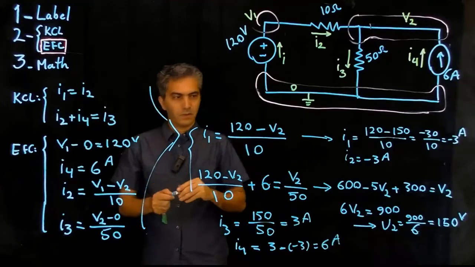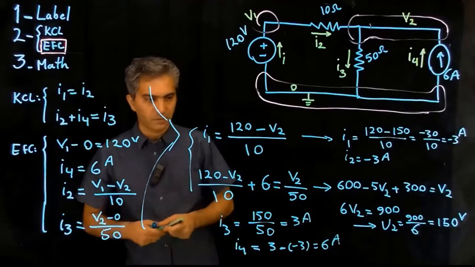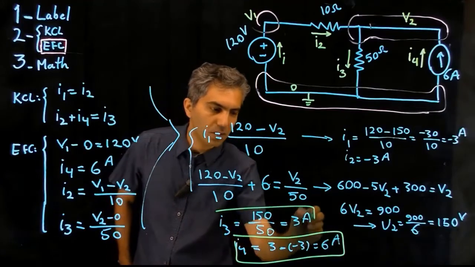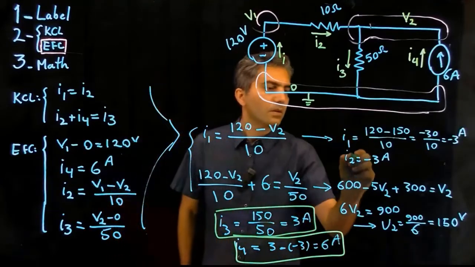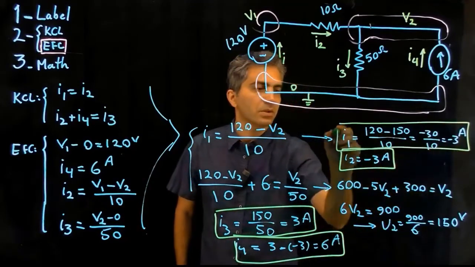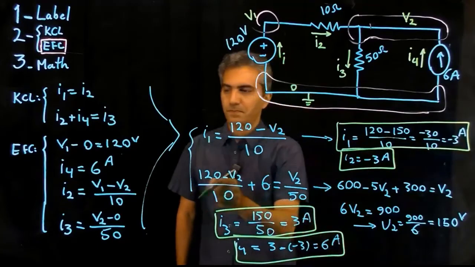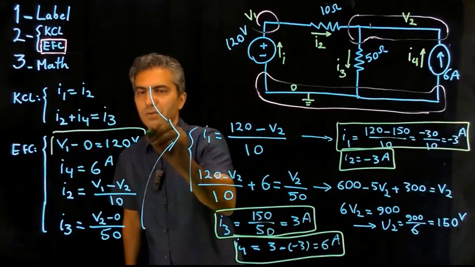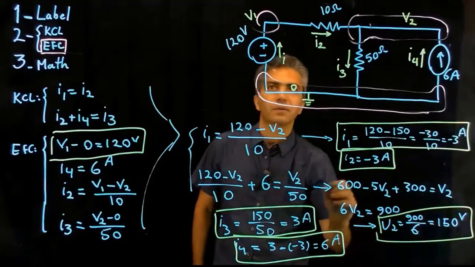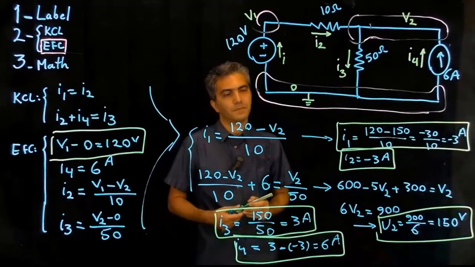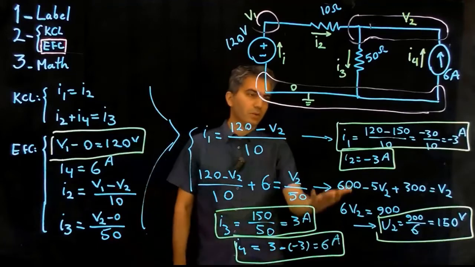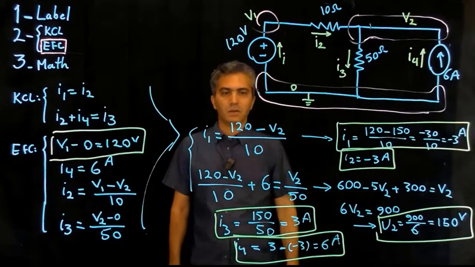So we have the solution, we have all the values. I4 is 6 amp, I3 is 3 amp, I2 is minus 3, I1 is minus 3, V1 is 120, and V2 is 150. With this, we conclude, and the solution is done.